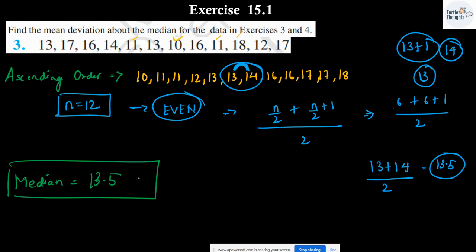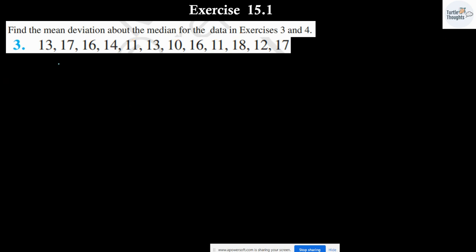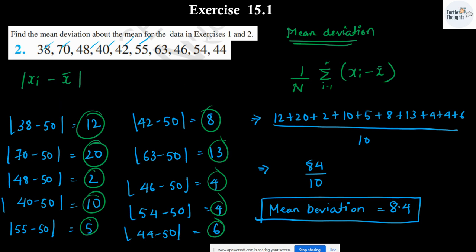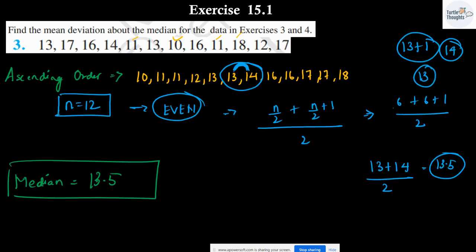Is it clear? Now I have to take the mean deviation. Mean deviation is the mean of the value of xi minus, in this case it is M, not x bar, because we are finding it about the median. In the previous question it was about the mean, right?